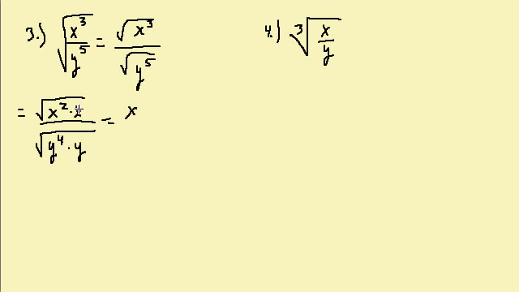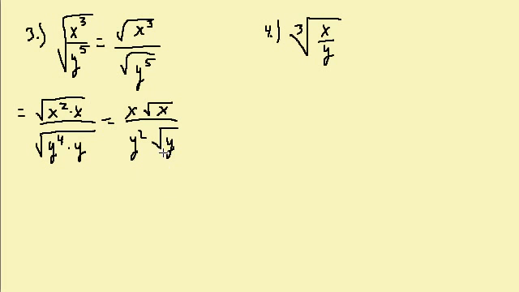This x here stays under the radical because it's not a perfect square. So times the square root of x over, and then the square root of y to the 4th is y squared. Y is not a perfect square, so it stays under the radical.